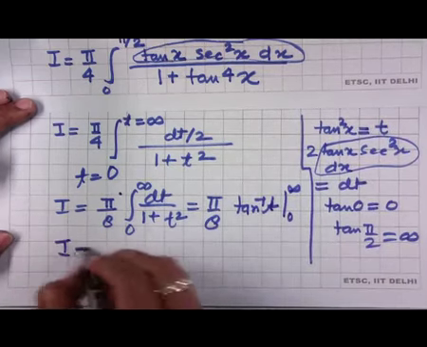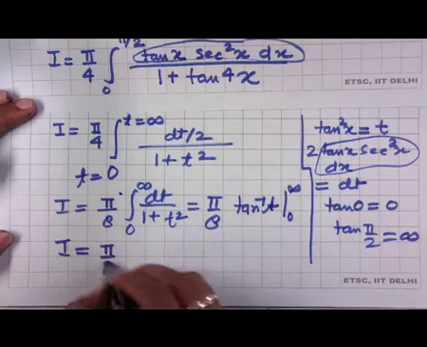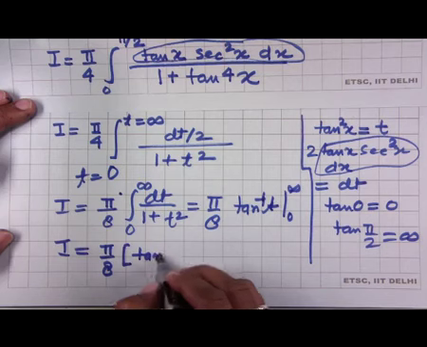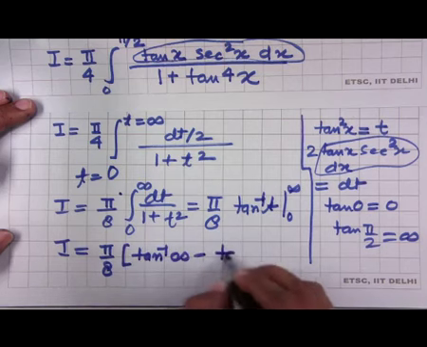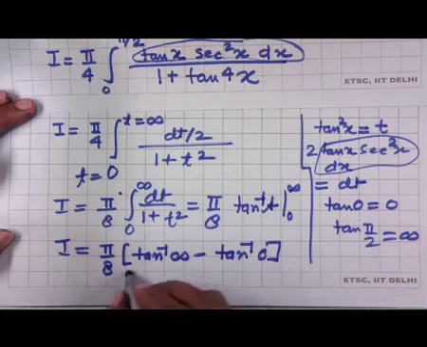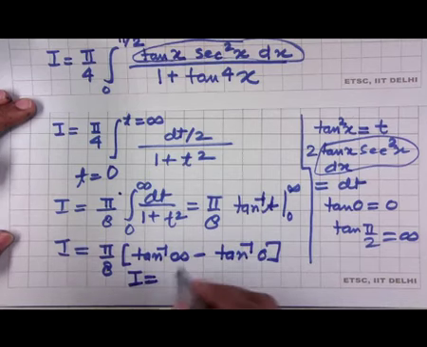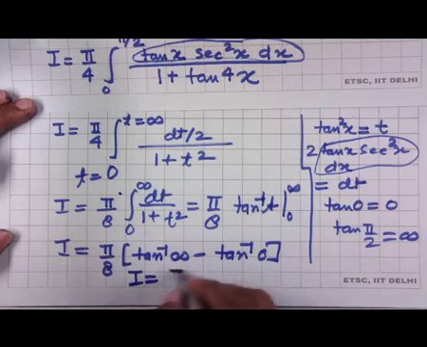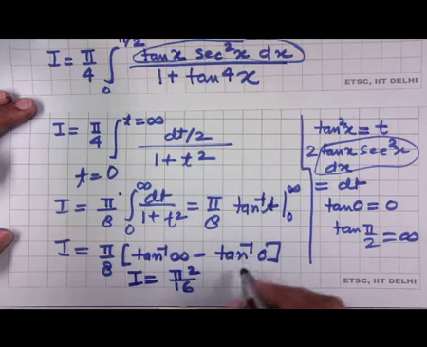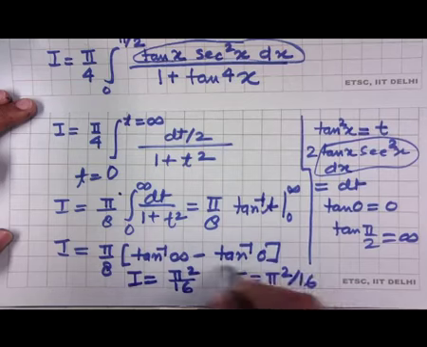So, I is pi by 8 times tan inverse infinity minus tan inverse 0. Tan inverse 0 is 0, and tan inverse infinity is pi by 2. So, you get pi square by 16. So, your answer is pi square by 16.